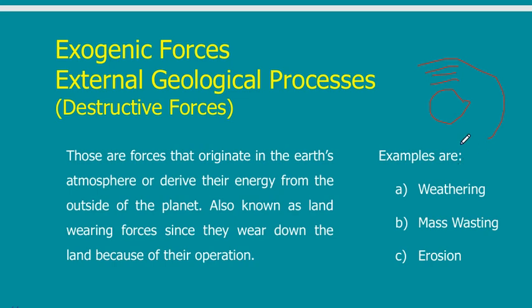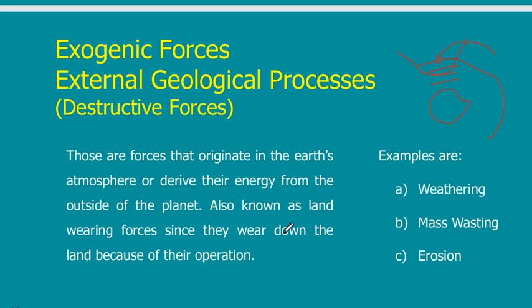We said that sometimes at some special locations you may have this portion removed and then new layers would come, creating an unconformity. How are they removed? They are removed by exogenic forces. So the endogenic forces build the earth, the exogenic forces remove the layers of the earth. So that's why we call it destructive.